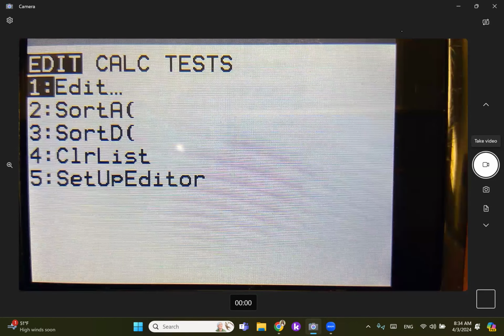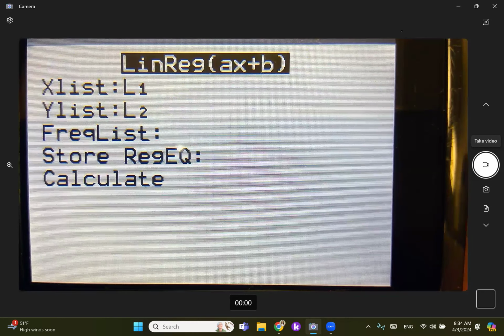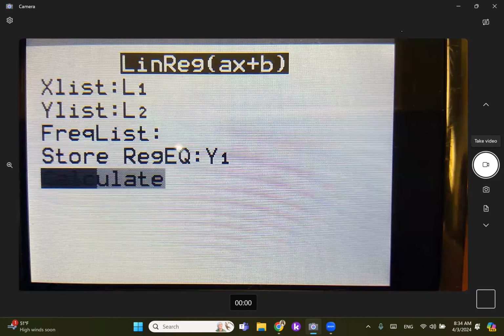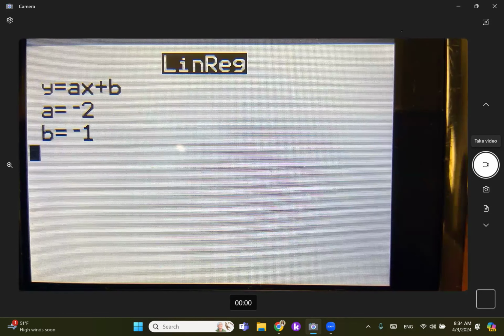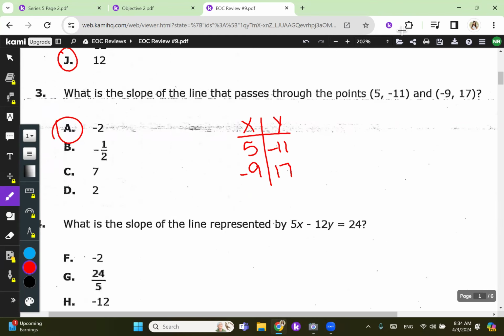Then you go back to stat calc. 4. Slope is always, even if it doesn't tell you that it's linear, slope is only associated with linear functions. So just keep that in mind. -2. Yep. So your answer is A.